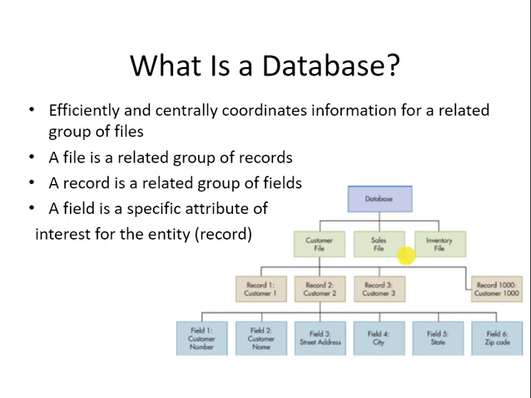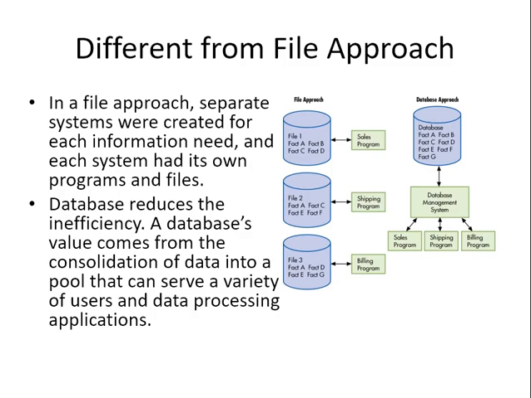So if we have multiple files, we have a database, but remember, they're coordinated efficiently and centrally. If they're not coordinated efficiently and centrally, it may be a file approach. In a file approach, separate systems were created for each information needed, and each system had its own programs and files.